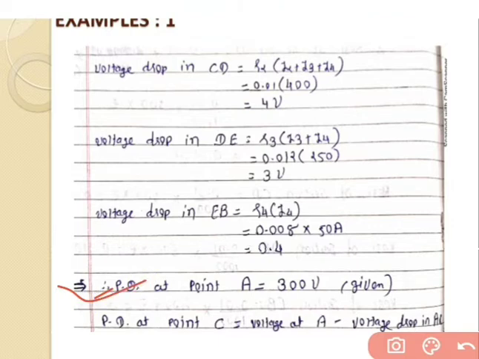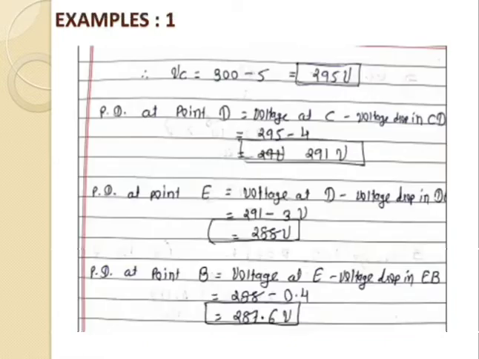Now let's go to the next tapping point, that is the potential difference at point C. That is equal to voltage at A minus voltage drop in the AC section. This is the equation for the potential difference at point C. Voltage at point A is 300 volt, and the voltage drop in the AC section we have already calculated in step 3, which is 5.